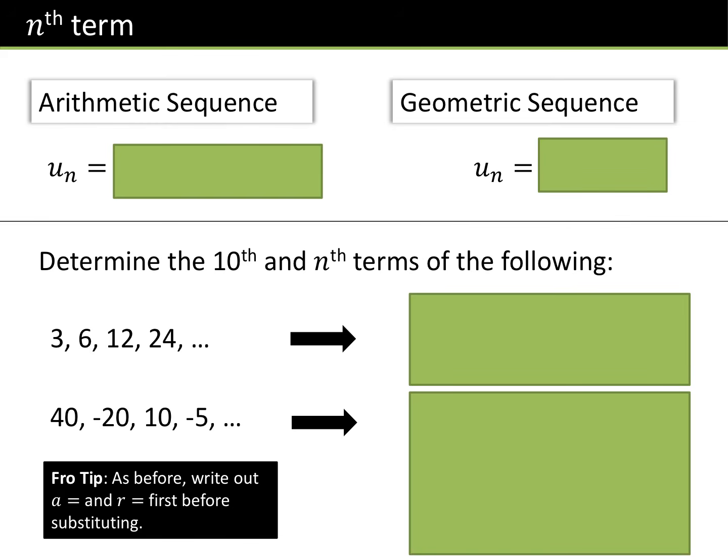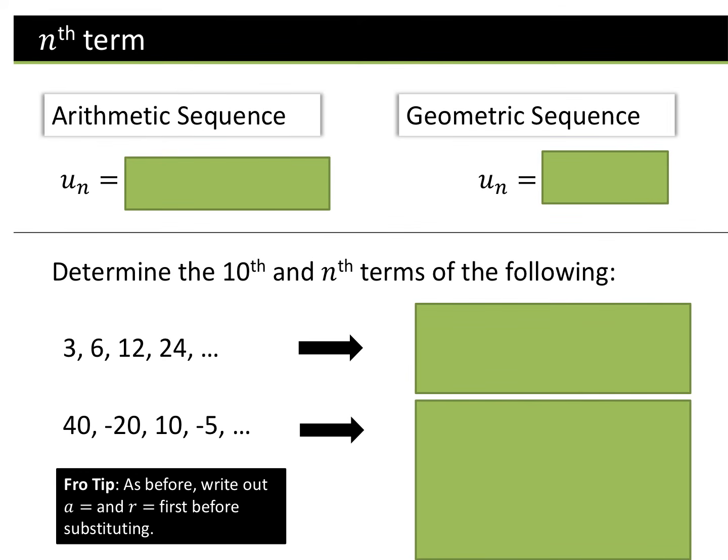Okay, so we have an arithmetic sequence. To find the nth term, what formula would we use? I've told you they give you this in the formula sheet. This is a plus n minus 1 d.